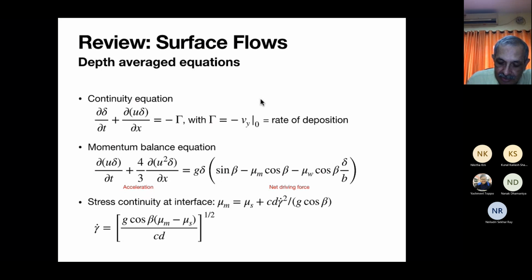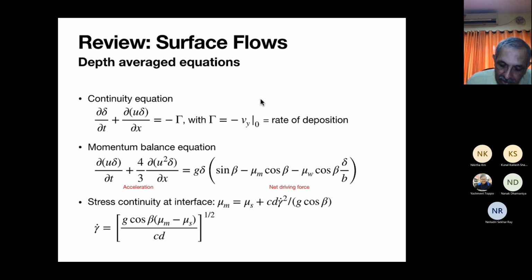And then of course there is a continuity of stress at the interface, that is between the flowing layer and the fixed bed. And when we equate the stresses, then we'll get a relationship between μm and μs, where μm is μs plus a term that relates to the collisional stresses, that is C's.